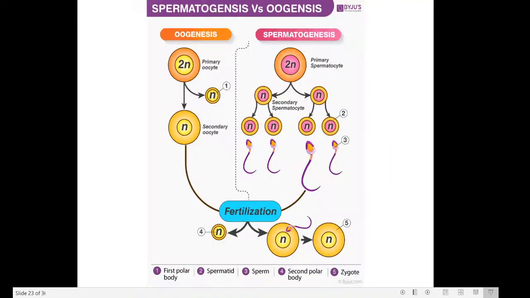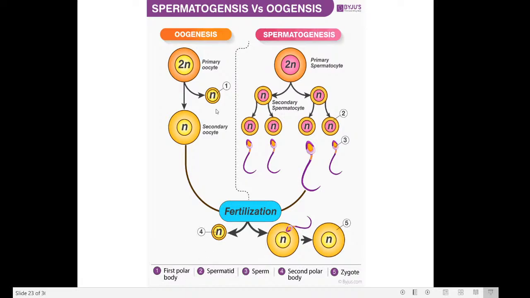Here two types of process are there: spermatogenesis and oogenesis. Oogenesis means a primary oocyte with 2n chromosomes; one is released and one enters the secondary oocyte, which undergoes the fertilization process.